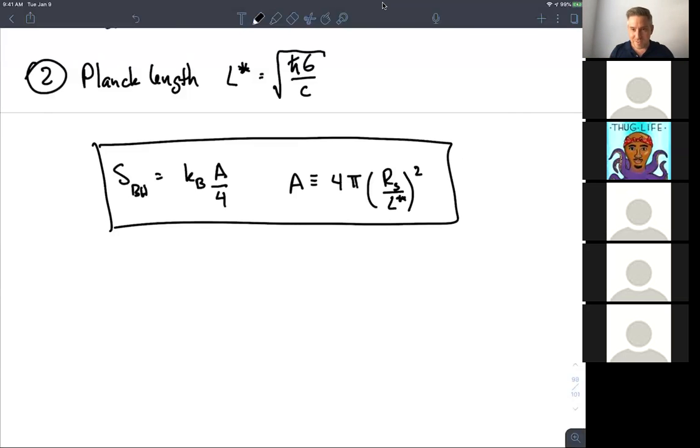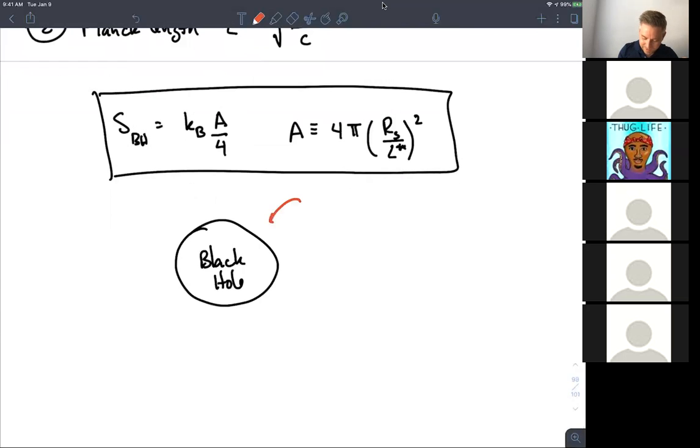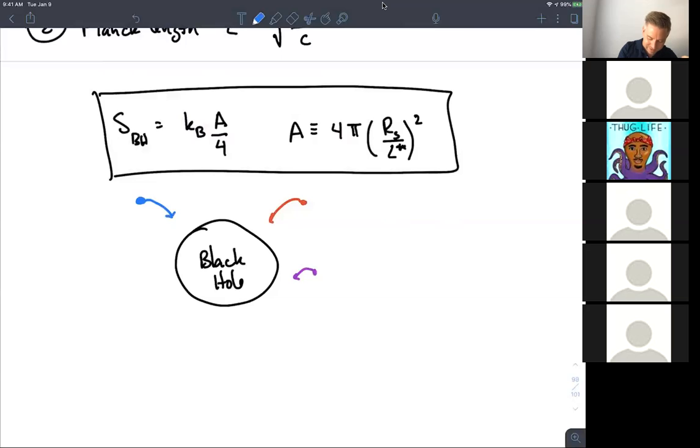So what you should think of this as meaning is essentially a form of information storage. All right, so what you have here is your black hole. The mass of the black hole is made up as the accumulation of a bunch of other systems that fall into it. Call this system 1, system 2, system 3. You can think of these as boxes of ideal gas, for example. Each one of these things has some entropy, which you can measure in the real world.